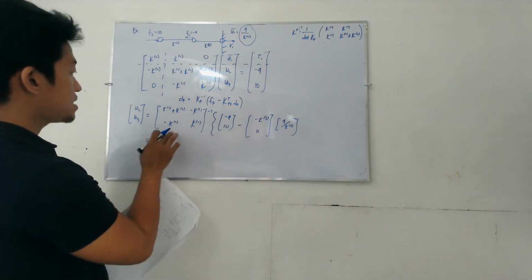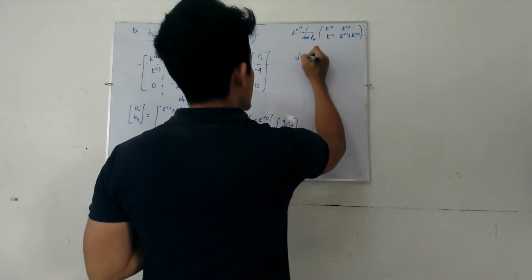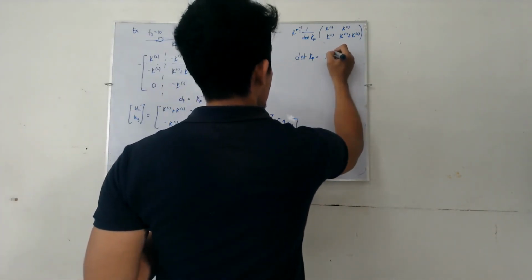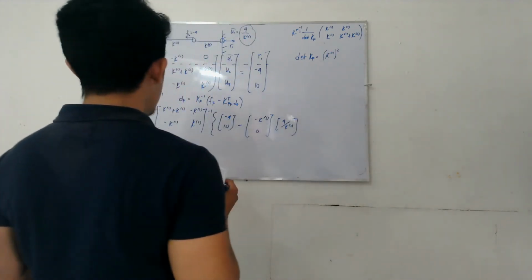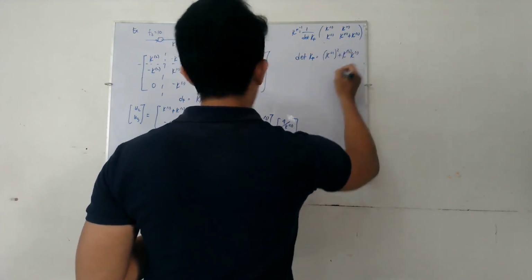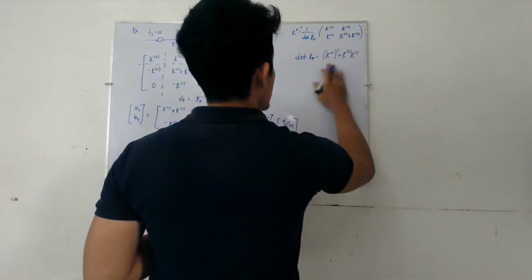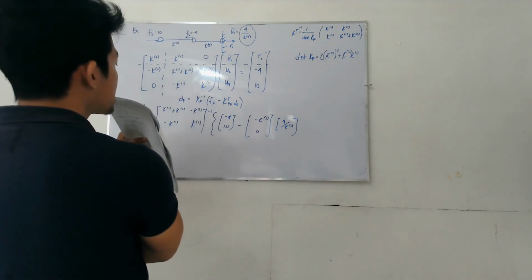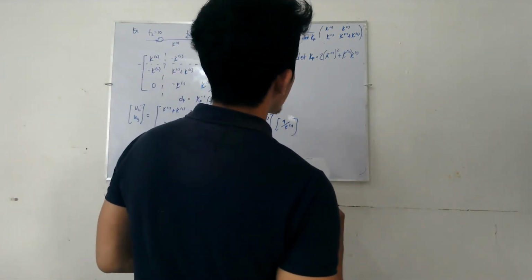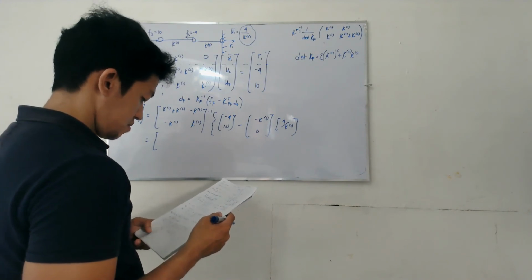And then, kuhaon na lang dayon ang determinant ani. Ang determinant of K_F is K1 squared plus K2 K1 plus K1 times 2 of K1 squared. Okay?